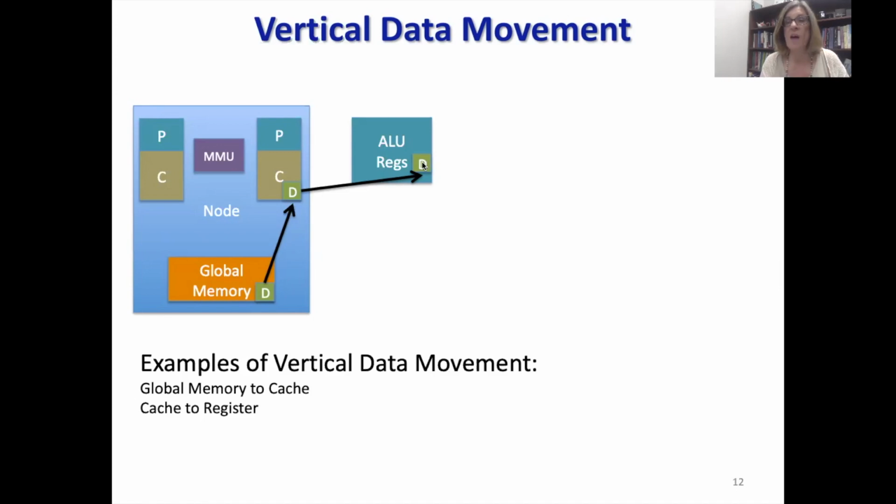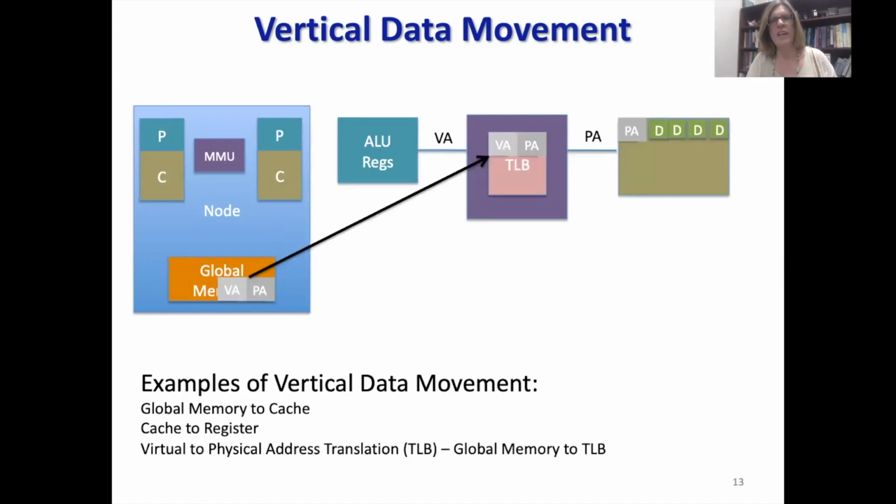And keep in mind, on modern architectures, these registers may be vector registers, very, very wide vector registers. And here's another kind of vertical data movement that you might not be thinking about, but turns out to be really important.